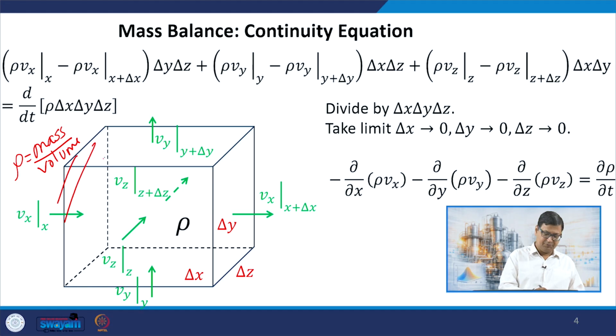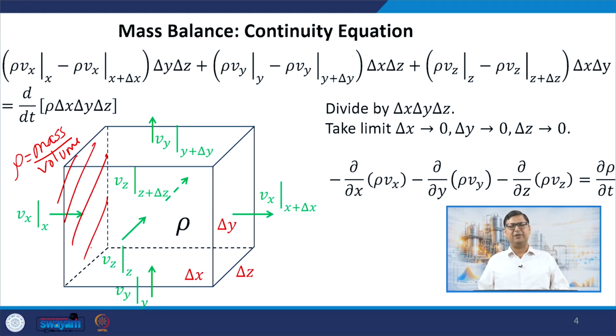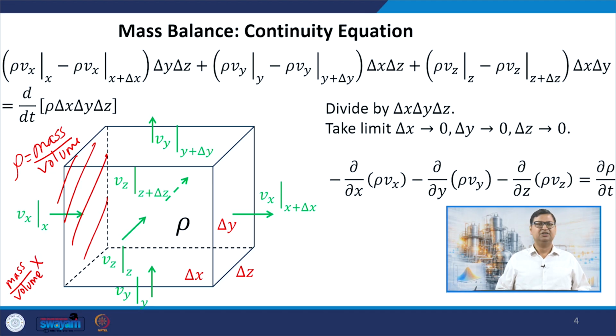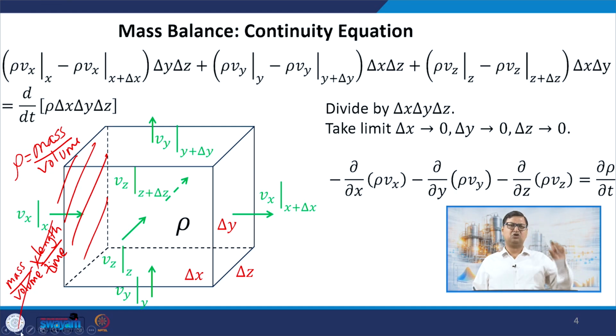For the input coming at the yz plane, if I multiply this rho with the velocity of the fluid, what exactly we get is mass per unit volume into the velocity, that is something like length by time, and length by volume, basically corresponds to this cross-sectional area that we have.